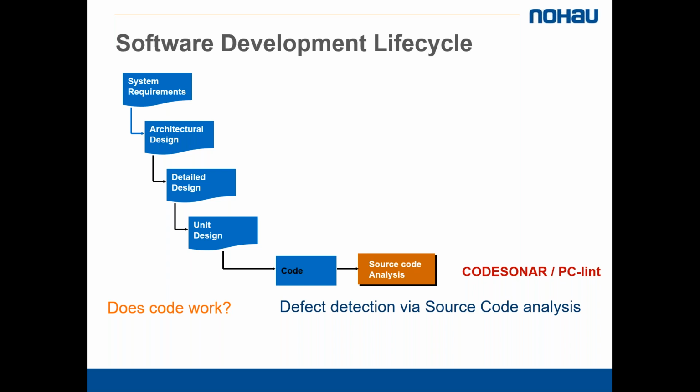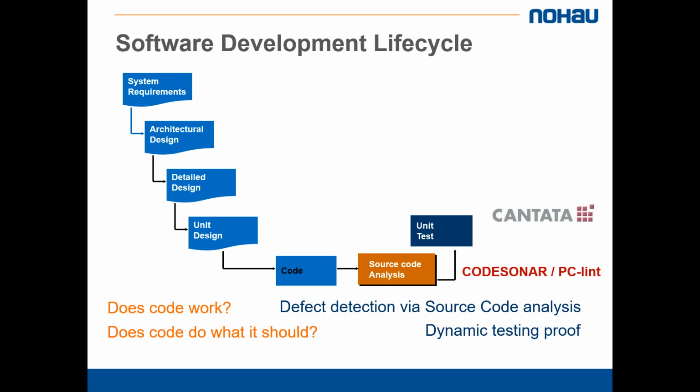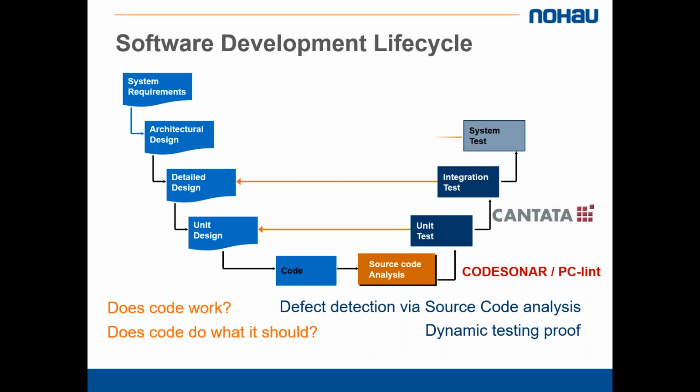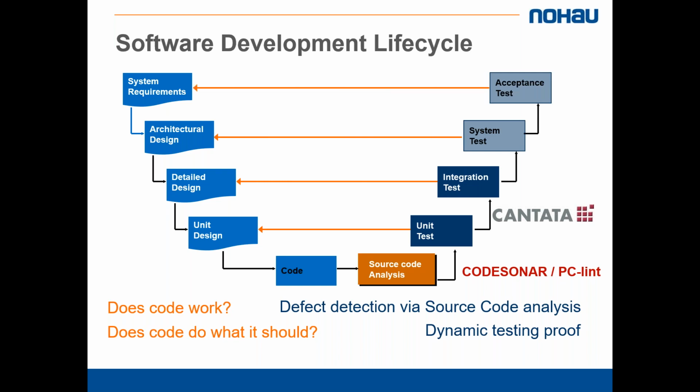And when you assess that the code is robust, move on to check if the code does what it should do. The functional testing, and that's a dynamic testing. And we start with the smallest modules, the units, and we test them with Cantata. When we have tested the individual modules, we can build larger test programs using Cantata for integration test.